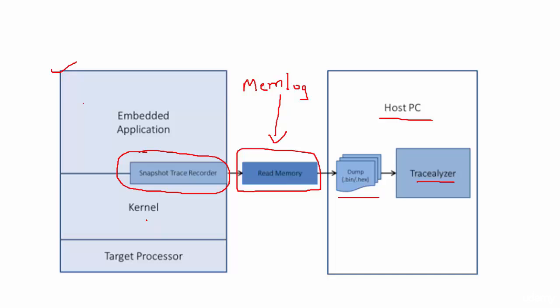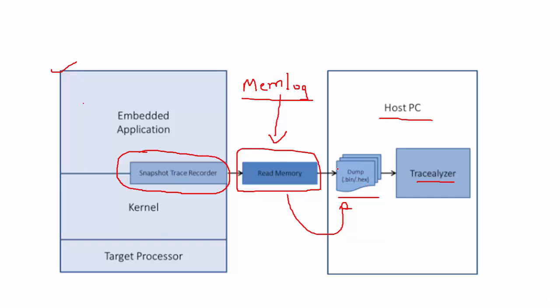Then with the help of the debugger, halt the execution, and with the help of a memory logger, read the RAM contents into a file. We call that memory dumping, and it is done using a memory logger application. There are lots of memory logger applications available which you can use to do this.